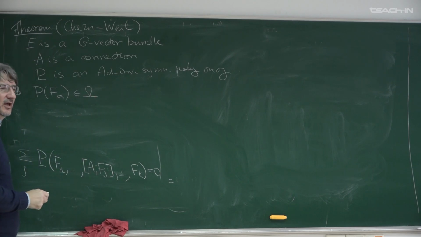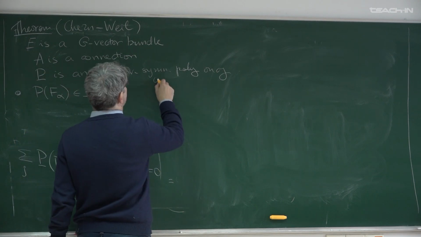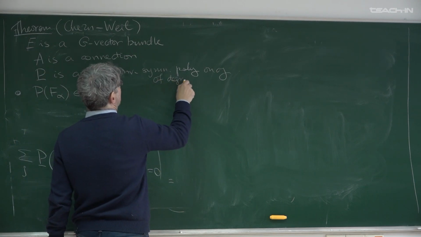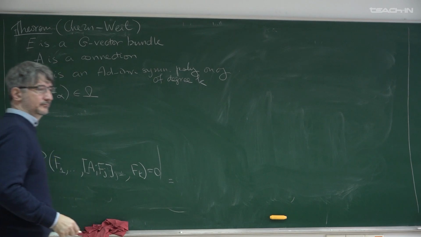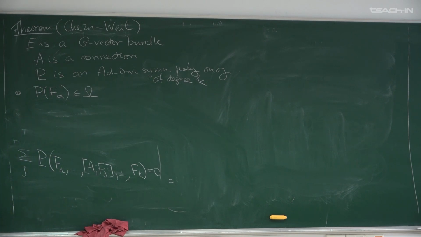Okay, guess what is the degree of this form? Very difficult question. How to understand the degree? 2k, because you have curvature on each place, and there are k places.